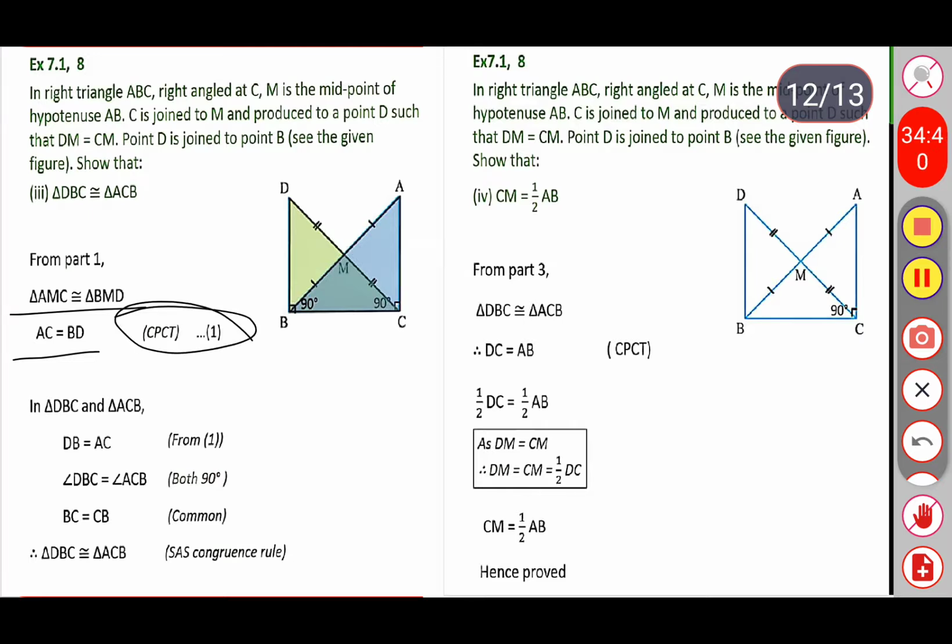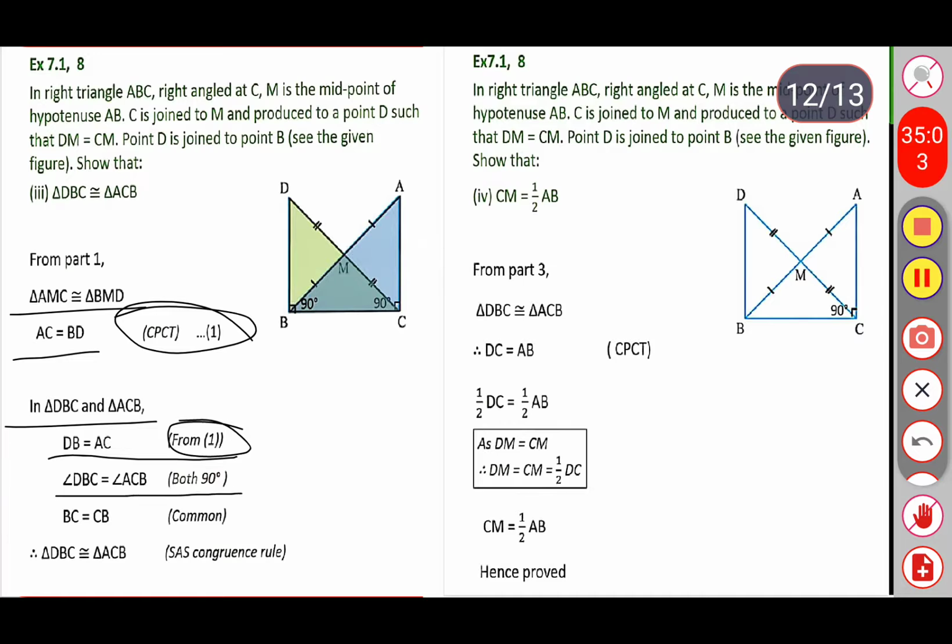Now consider triangle DBC and triangle ACB. In that, DB is equal to AC, which is already proved in the first equation. Angle DBC is equal to angle ACB, which we already proved in the last question, right?